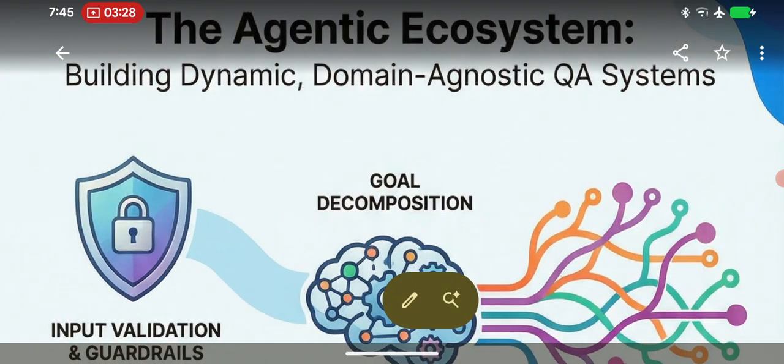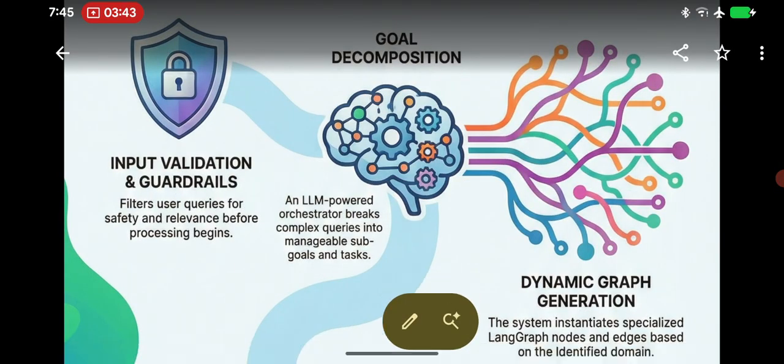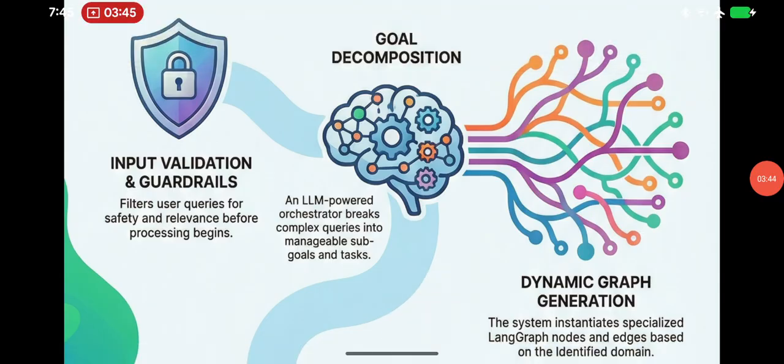The other thing is input validation and guardrails; guardrails will do the validation. For any solution, it is a must. Now, how will goal decomposition be done? You will have an orchestrator agent.